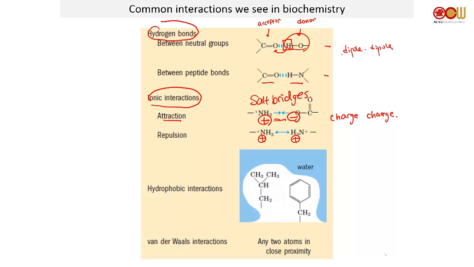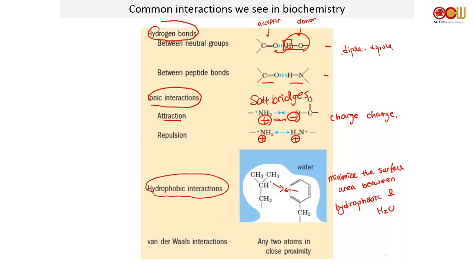Okay? All right. And then we also have the hydrophobic interaction. So we know that the hydrophobic stuff tends to come together, okay? Because you want to minimize the surface area between hydrophobic and water.